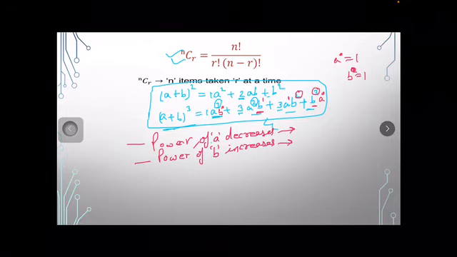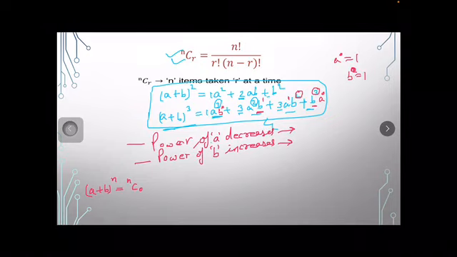So now if you have to write the expansion of (a + b) raised to the power n, how can you write it? First you need the binomial coefficients. We can calculate the binomial coefficients easily by combinations.